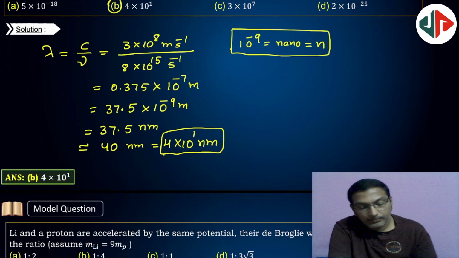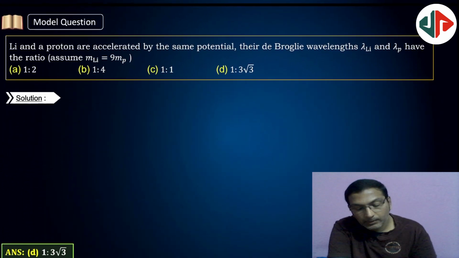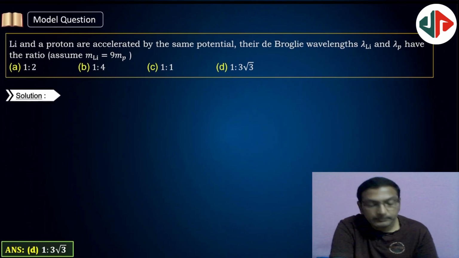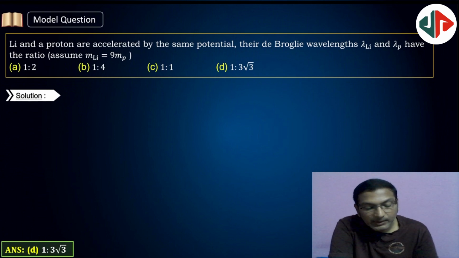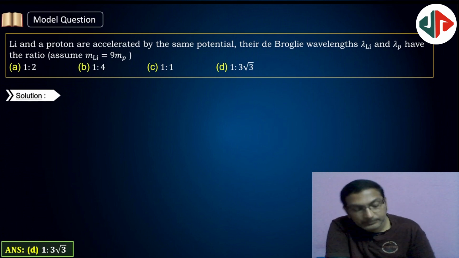Next question. Lithium and a proton are accelerated by the same potential. Their de Broglie wavelengths lambda Li and lambda P have the ratio. So here the mass relation is given. Mass of Li equals 9 into mass of proton.